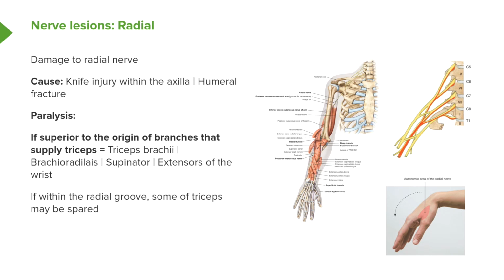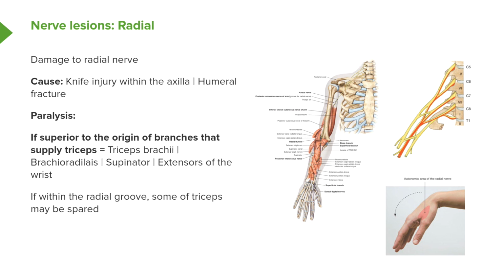Damage to the radial nerve can be via a knife injury, perhaps in the axilla, or a humeral fracture where the shaft of the humerus is damaged. Paralysis: if the damage to the radial nerve occurs superior to the origin of the branches that supply triceps, then triceps brachii, brachioradialis, supinator, and the extensors of the wrist will all be damaged.